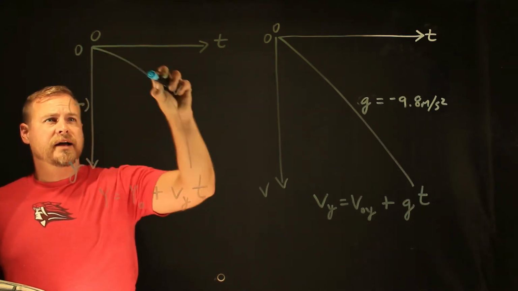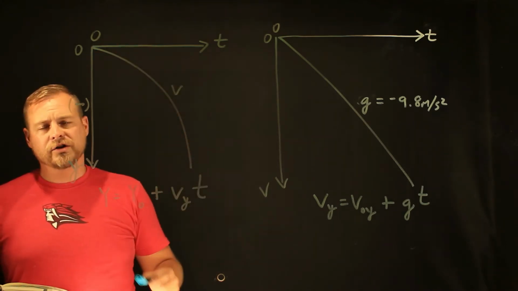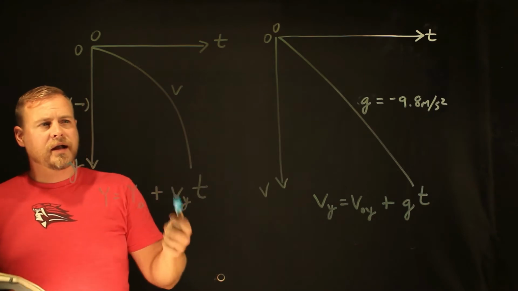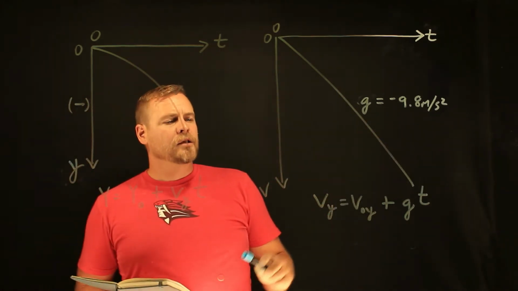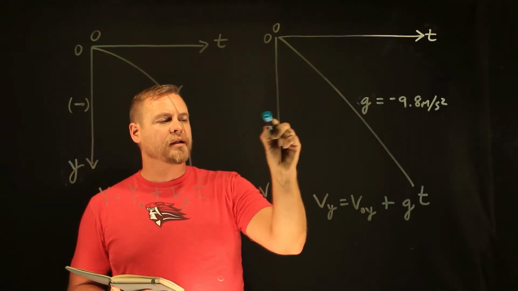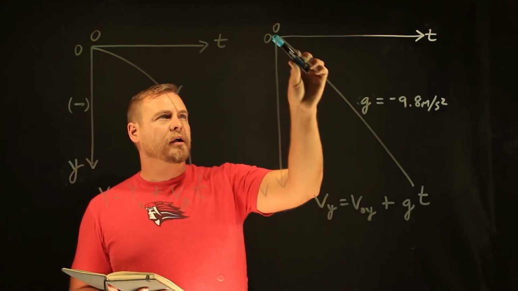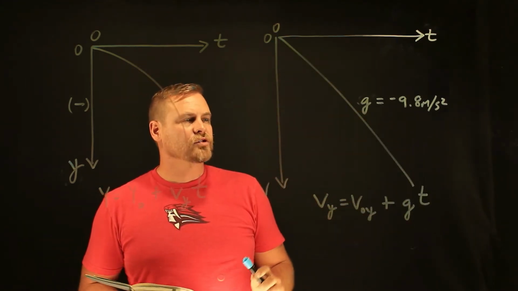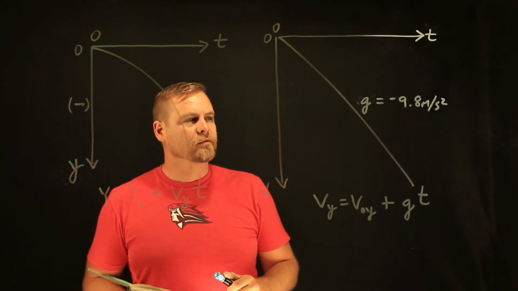Now, this velocity is not constant, it's changing, and it's changing at a constant rate. That constant rate is 9.8 meters per second squared. So if we look at a velocity time graph in that lower quadrant where you're having negative velocities and positive times, this will get linearized, so we have a straight line, a constant acceleration due to the force of gravity.